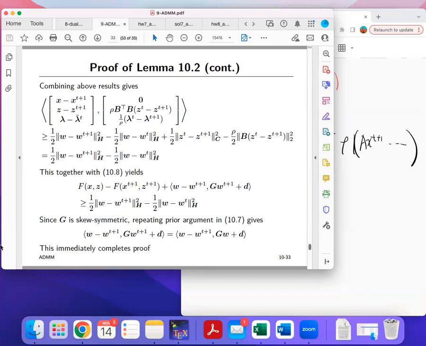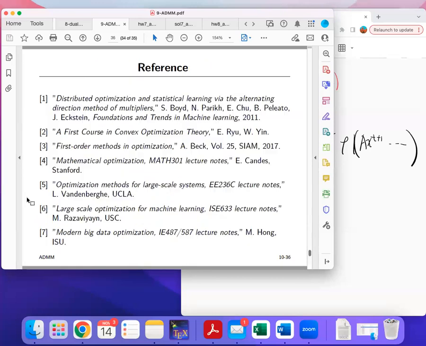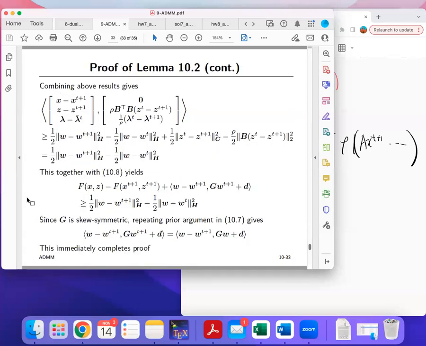So in the end, we will end up with this very elegant result. You don't see many complicated terms because they are hidden under these notations. Yeah, and this proves that key lemma.